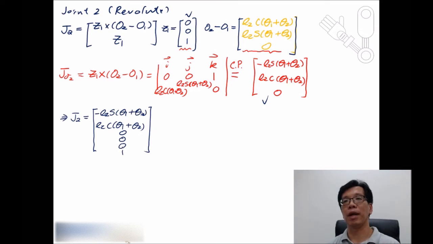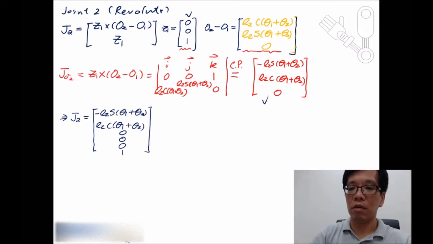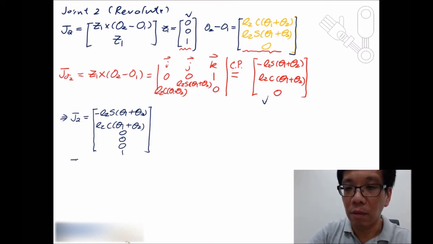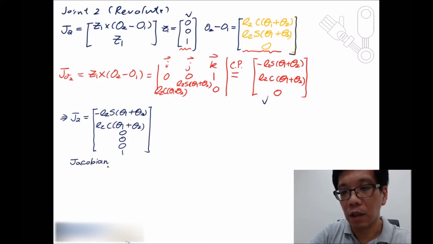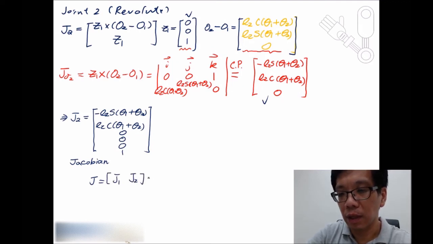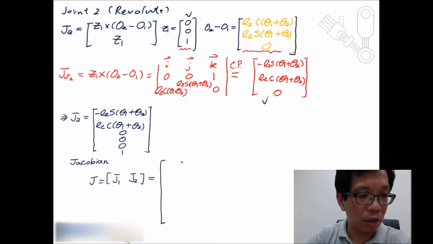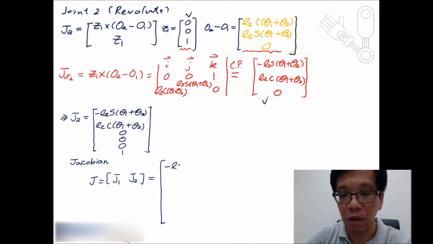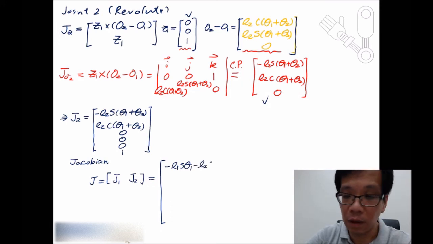So this is going to be my J2. Therefore, my Jacobian J is going to be J1, J2, put them all together, you get your Jacobian matrix, which becomes this one.